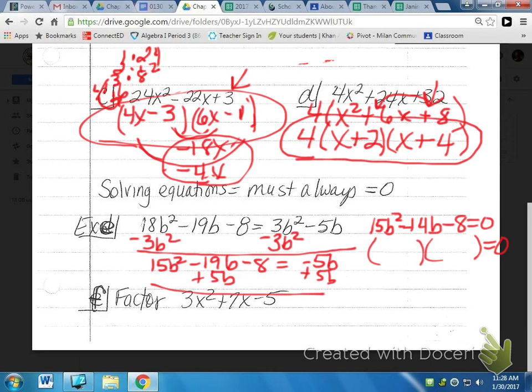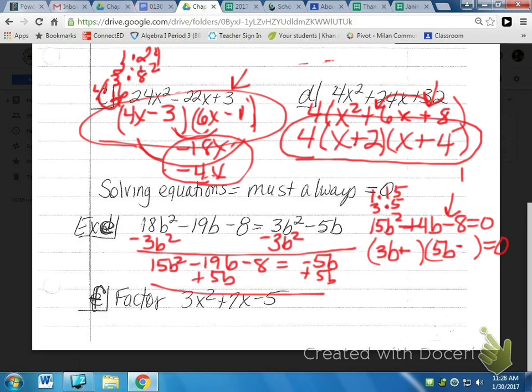My factor pairs of 15 are 1 and 15 or 3 and 5. I would definitely try 3b and 5b. The minus means the signs are plus and minus. Now sometimes you're going to get the right answer for the outer inner, but the signs are wrong, so you might have to switch up the signs because remember those can go either way.